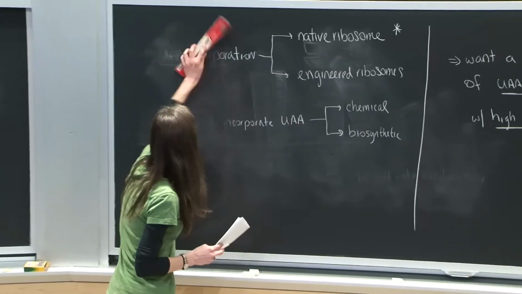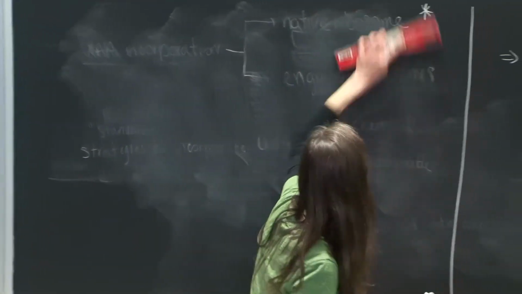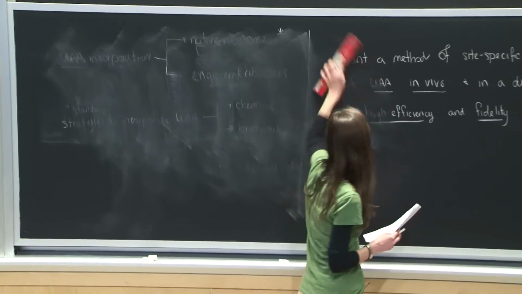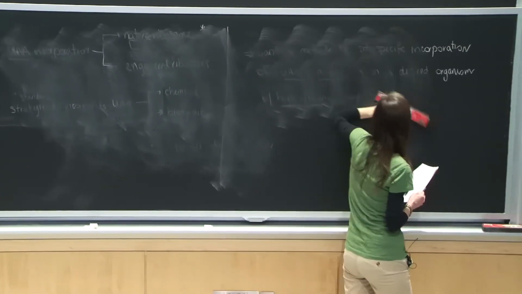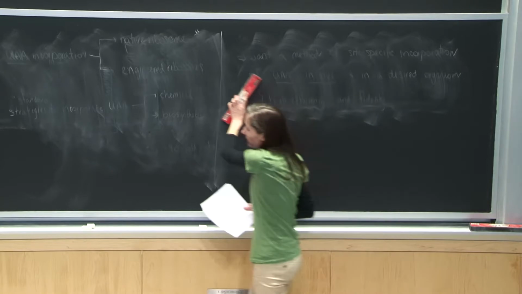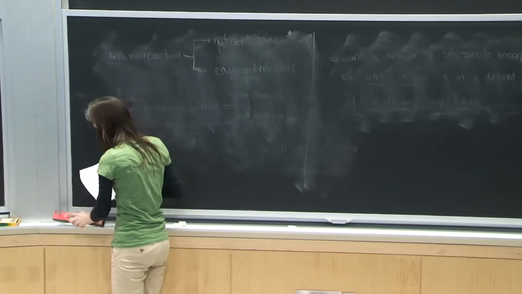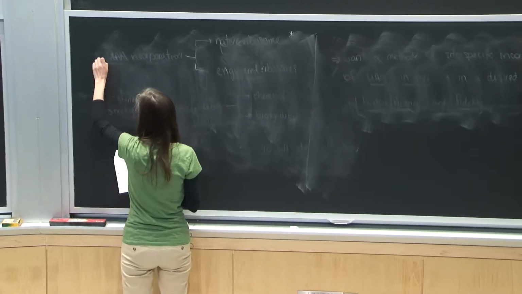A key feature is that if we want to do this in some organism, we need this machinery to be orthogonal to the machinery in that organism.